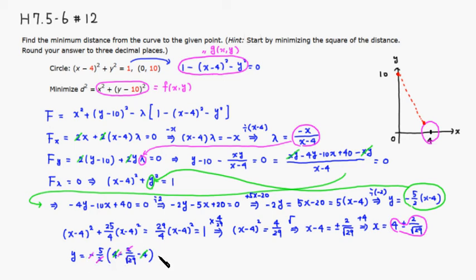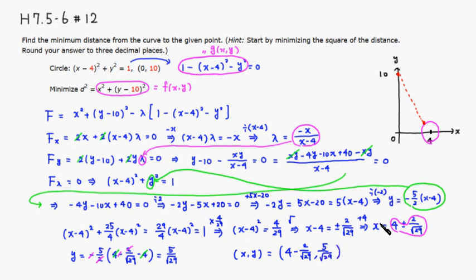So what you get is 5 over square root of 29. So the x value we found, x comma y, is 4 minus 2 square root of 29 over 29, and 5 over square root of 29 is the y value.